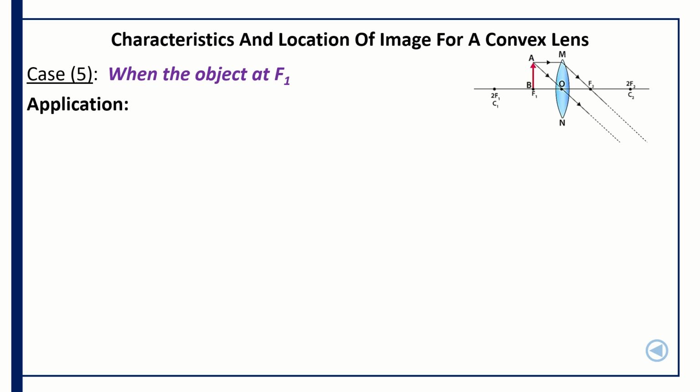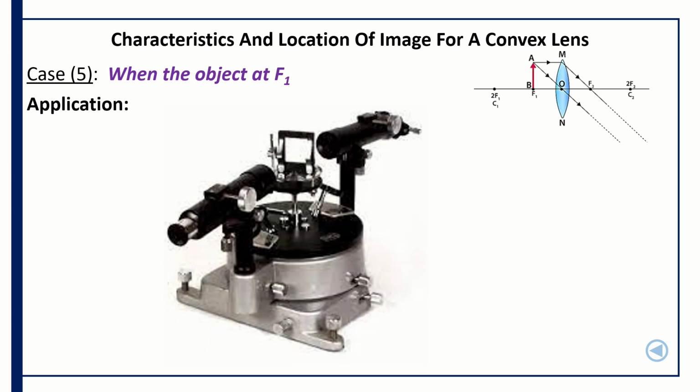So what is the application of keeping the object at this position? When we are using spectrometers to understand different phenomena of different atoms and molecules, in the collimator of that spectrometer we are using lenses to get highly magnified images, because we are studying very small objects which we cannot see with our bare eyes.